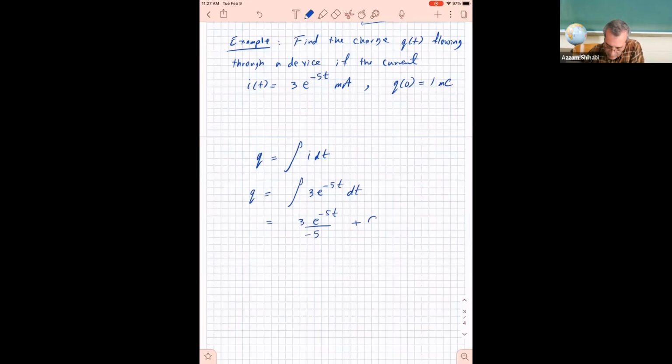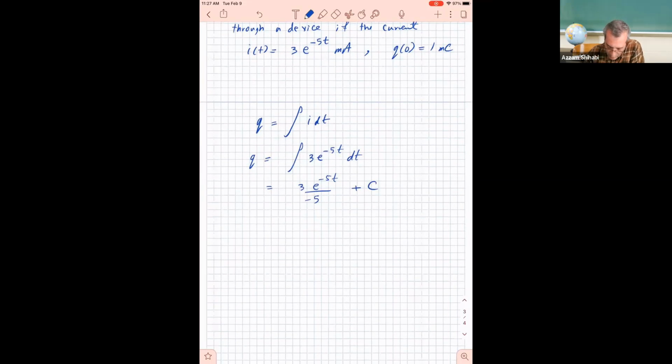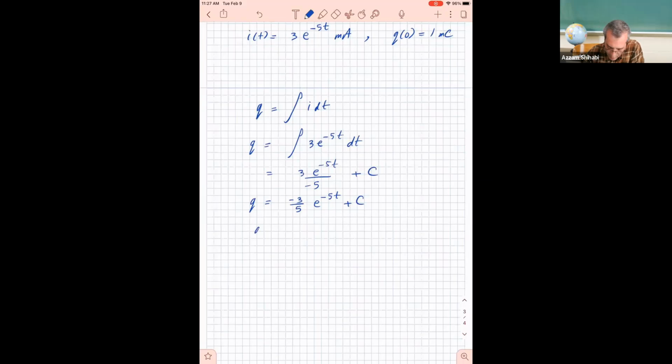Plus a constant of integration. So Q is negative 3 over 5 e to the minus 5t plus c. Now we need to find that constant of integration using the initial value that is given for us, Q of 0 is 1.